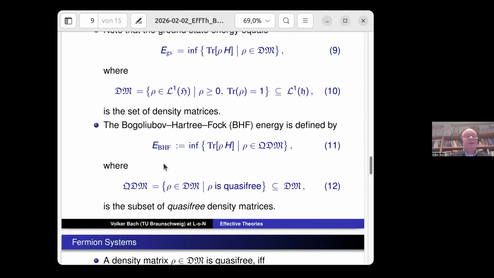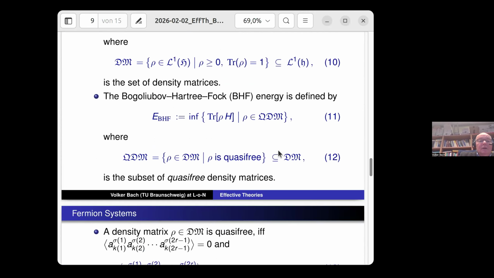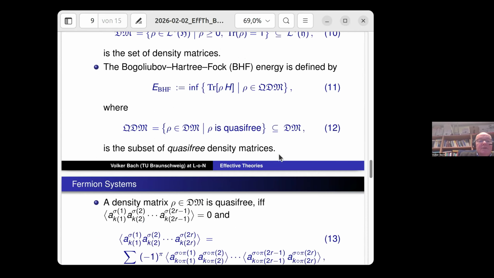The quasi-free density matrices I call QDM. So this is a subset of the full set of density matrices. And so let me explain to you what a quasi-free density matrix is.